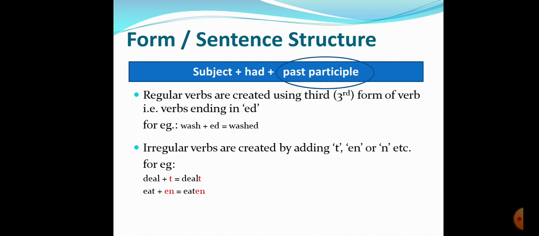We've already covered this before, so I'm not going to go into the details again, but this is just for your reference. Once more we can revise, there is no problem in it. And there are also verbs that don't change, and you also remember some other spelling rules, like if there is a y, you add ied, if there is the CVC method, you remember all that, right? Okay, so past participle is clear.